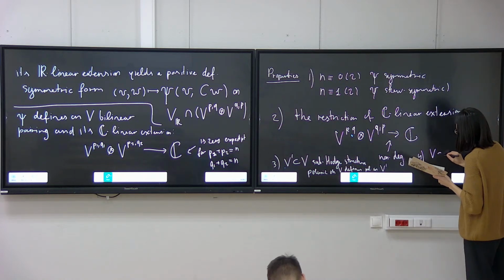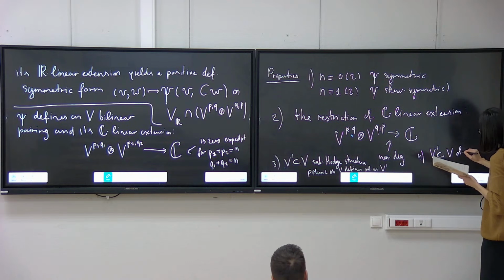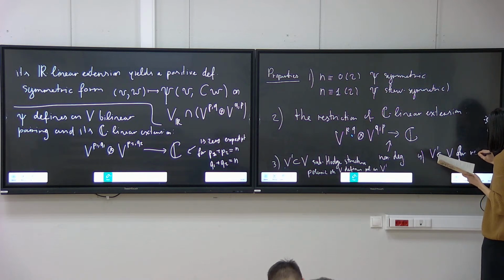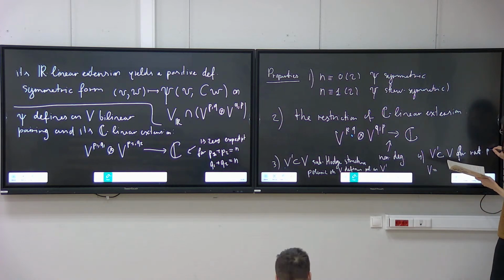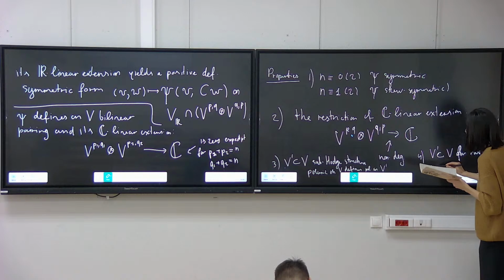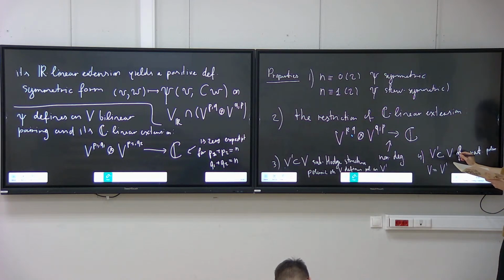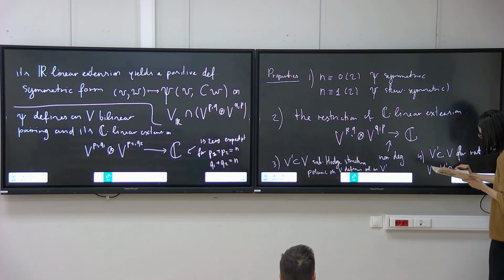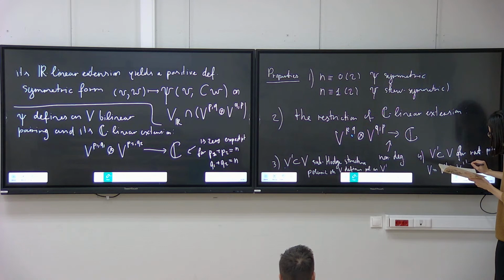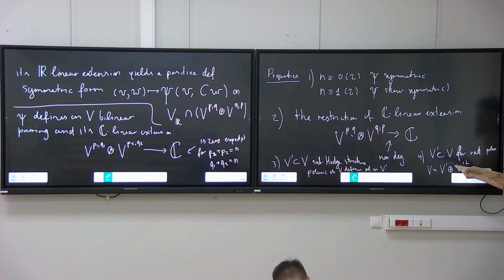So for rational polarized, we can also decompose the Hodge structure V in the direct sum of V prime plus V prime orthogonal, and this is an orthogonal complement of V prime with respect to psi.